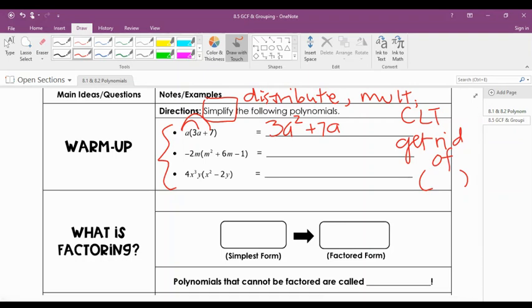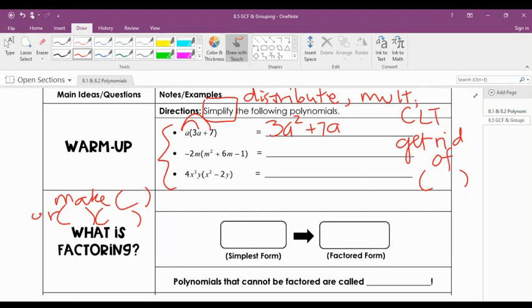So factoring, they're going to give you a polynomial and you are going to make parentheses. You're either going to make one set of parentheses, or you might make two sets of parentheses. But basically, factoring is splitting it up. What multiplied to get this polynomial? Did you FOIL it? Did you do some other method, which I'm going to show you? And so that's what factoring is.